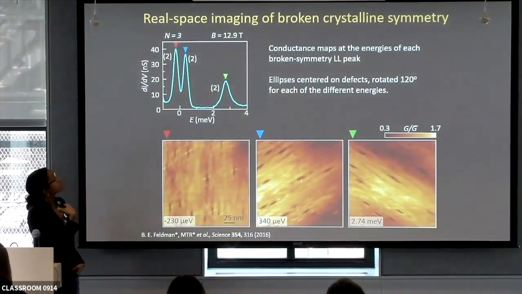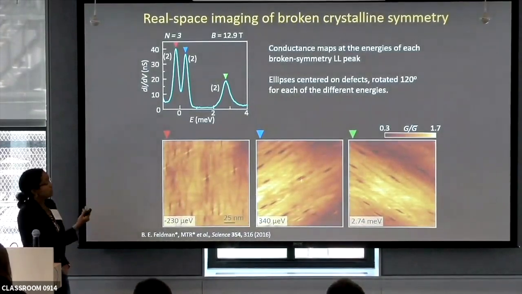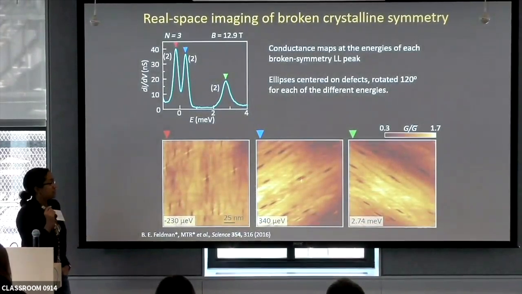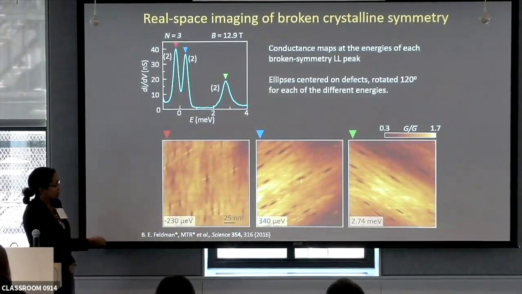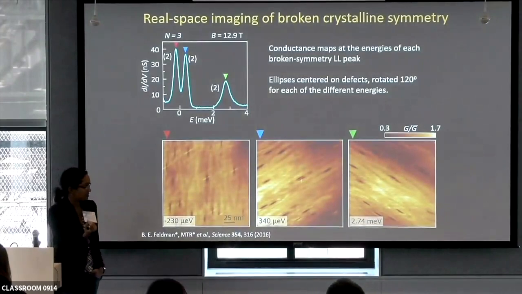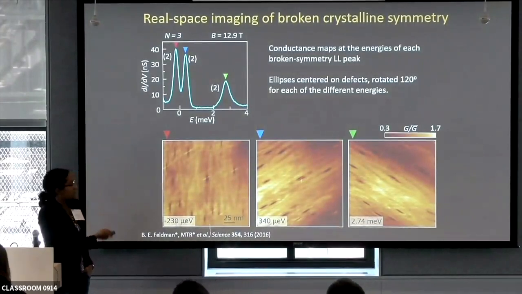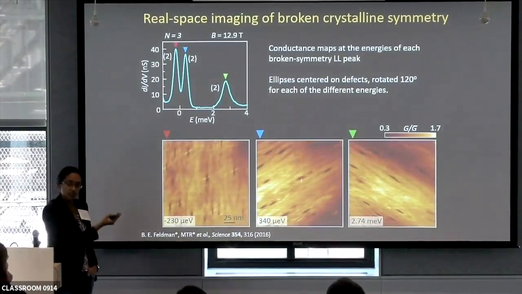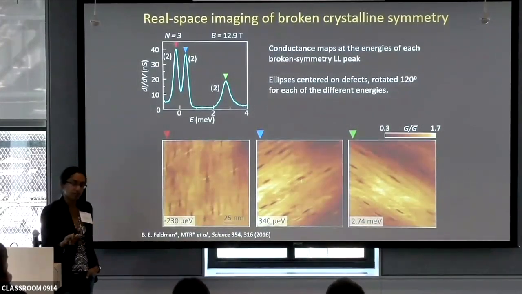And so these ellipses are images of individual Landau level wave functions that are centered on defects. But the idea is essentially you can see the ellipses break the 3-fold rotational symmetry of your underlying system.